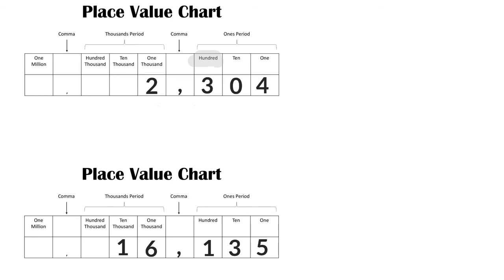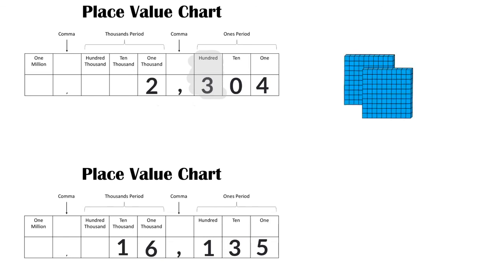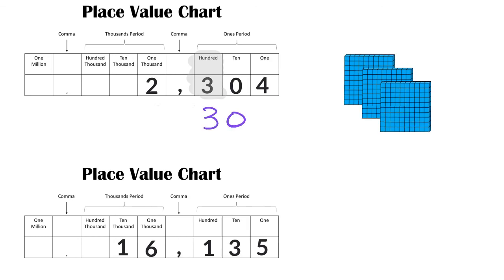So the value of the digit 3 in the first number is 300. We can model this showing 3 flats. 3 flats represents 300. The value of the digit 3 in the second number is 30. We can model this by showing 3 longs.